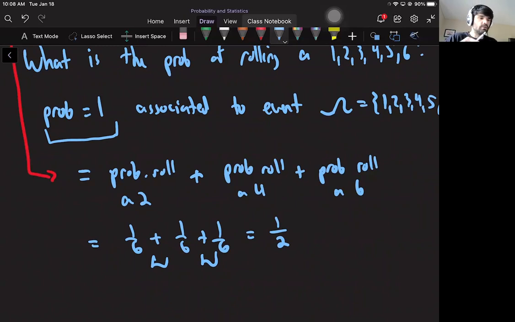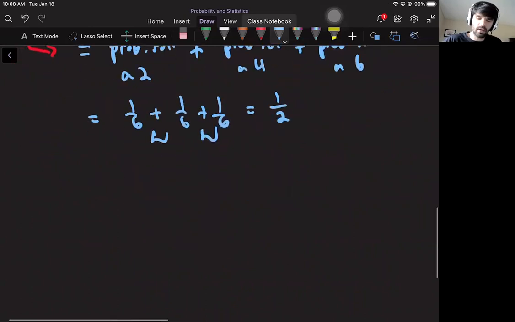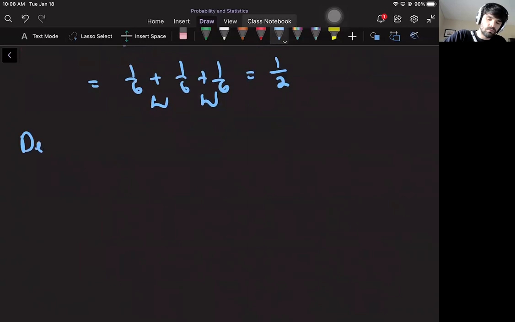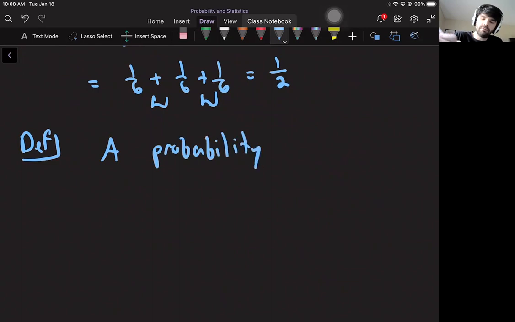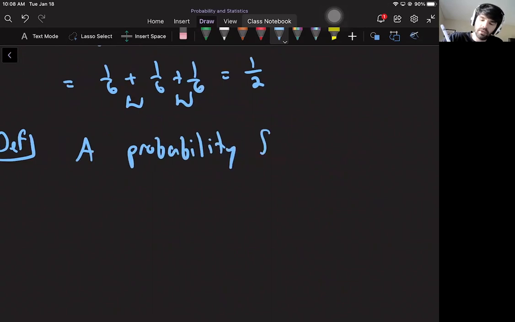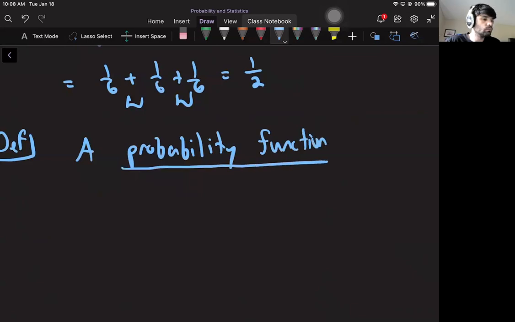Okay, so that's going to lead us to the definition that we're after. So we want to think about probability as a function. So a probability function, we're going to call it capital P, on, for now, a finite sample space.